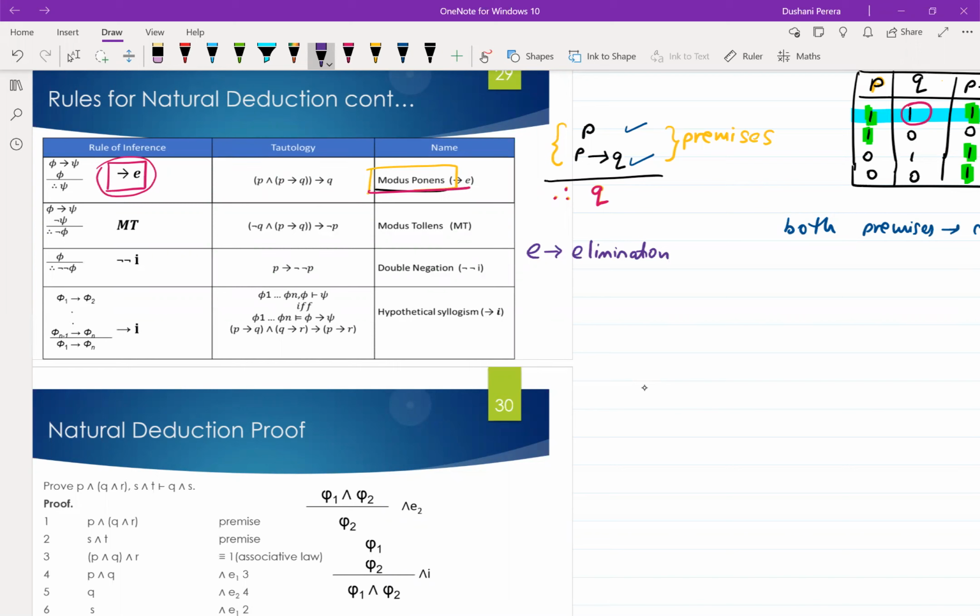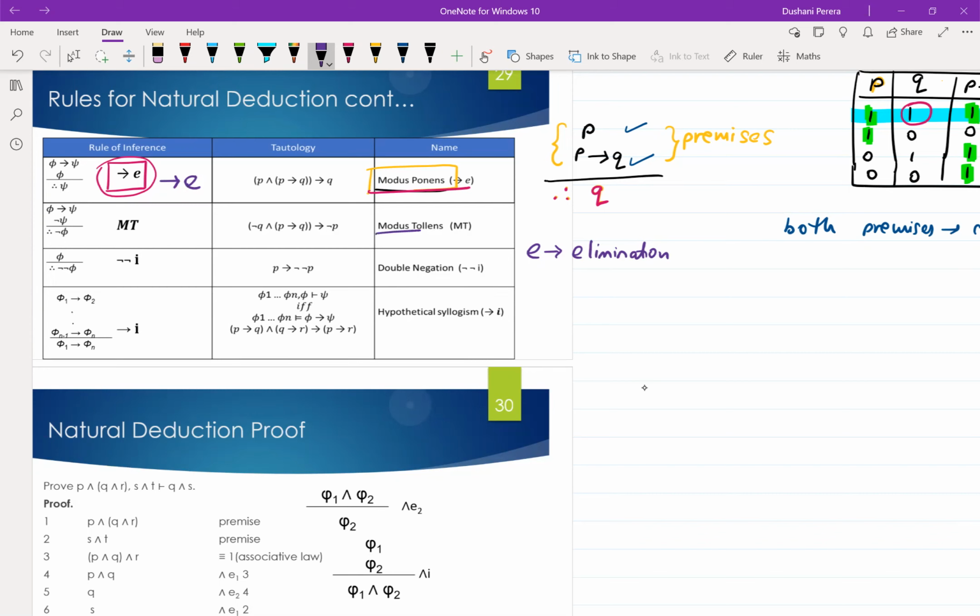And why arrow? The arrow says what type of operation you performed. Now you performed this on an implication, so implication has an arrow. Therefore, you denote this as arrow elimination. So that is the notation for Modus Ponens.